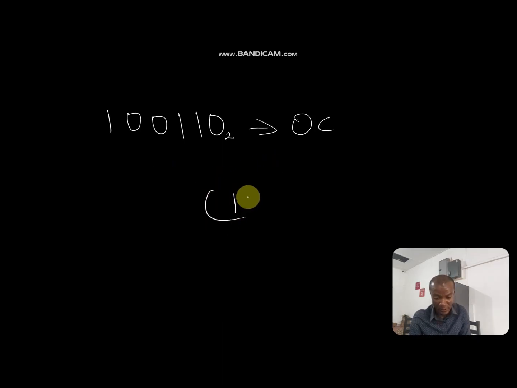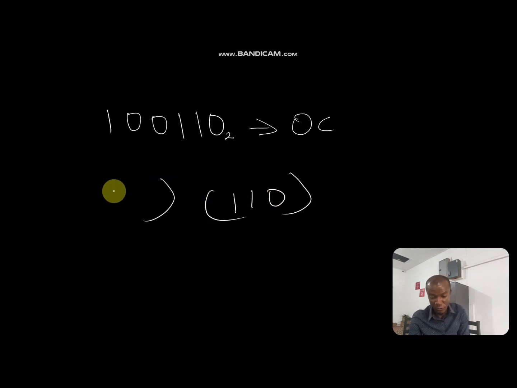Let's try another example. So you have 1 0 0 1 1 0 base 2, and we have to change this to octal. So we regroup the numbers in groups of 3 bits. So my first group will be 1 1 0.